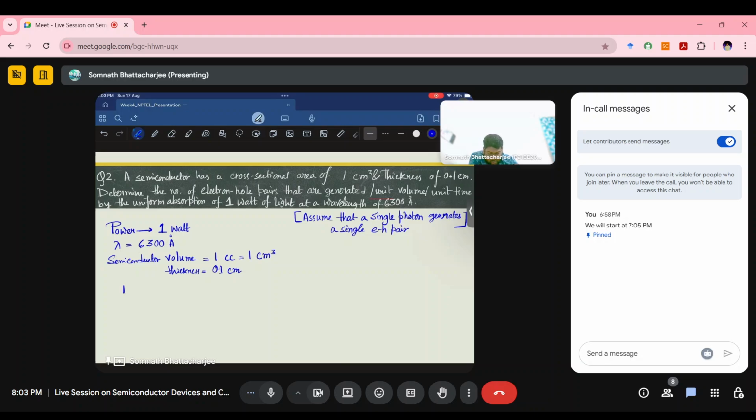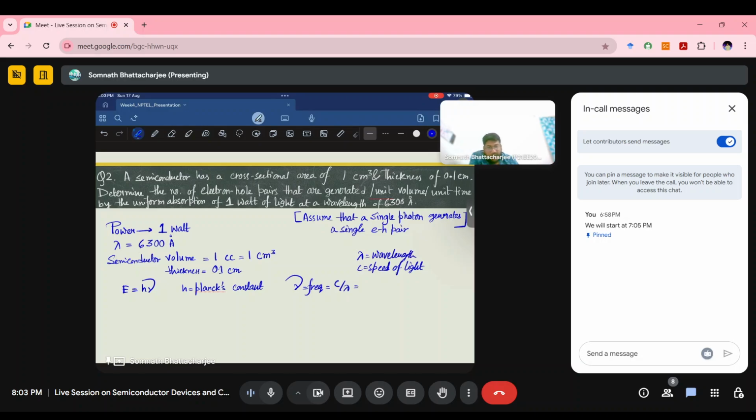First, we need to calculate the value of E, that is nothing but h nu, where h is the Planck's constant, and we know nu is the frequency, which is nothing but c by lambda, where c is the speed of light and lambda is the wavelength.